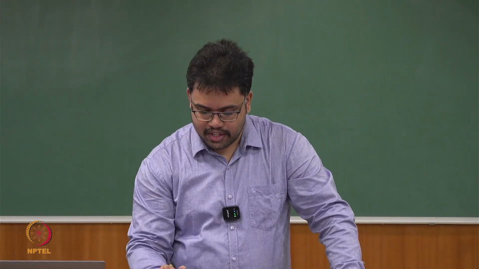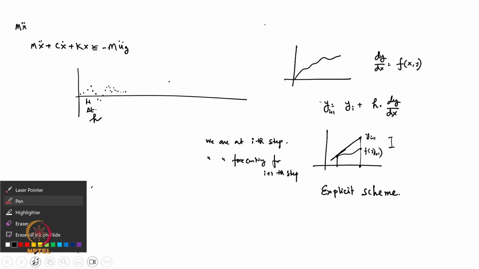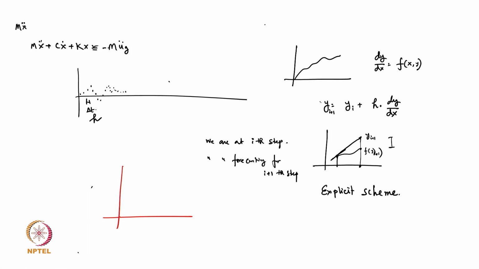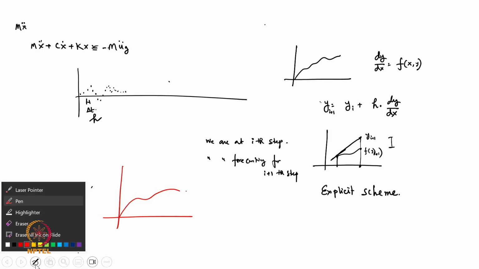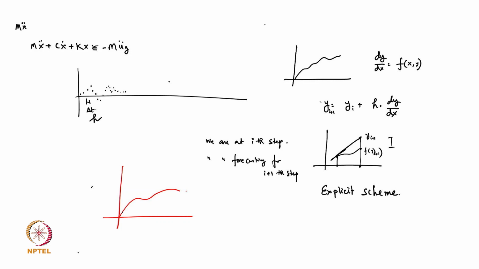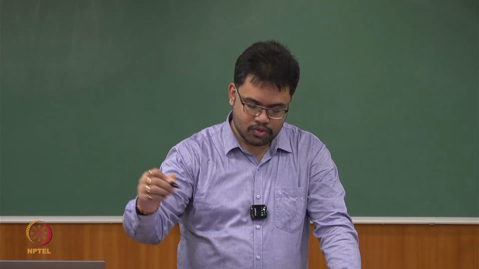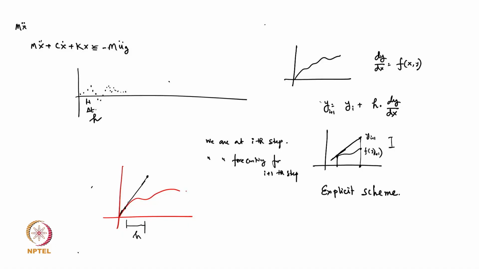Like for example, if you see here in this graph also, let's say that is how your graph originally goes. Now if you try to calculate the slope at this point, you got that slope, and now if you predict, take the h for this much, you will predict it here, because it will just go. Whereas if you take your displacement, I mean the gap, up to this, then you will be predicting here.